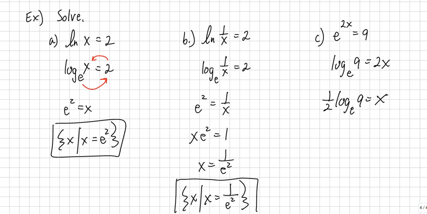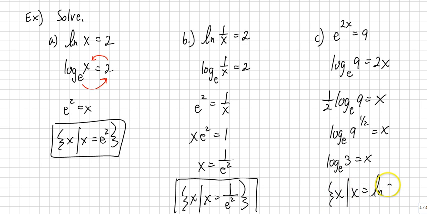And then if I put the 1/2 back up as the exponent, 9 to the 1/2, that's the square root of 9, the principal square root of 9. So we get log base e of 3. And log base e, remember that's a natural log. So my solution is the set of all x such that x equals the natural log of 3.